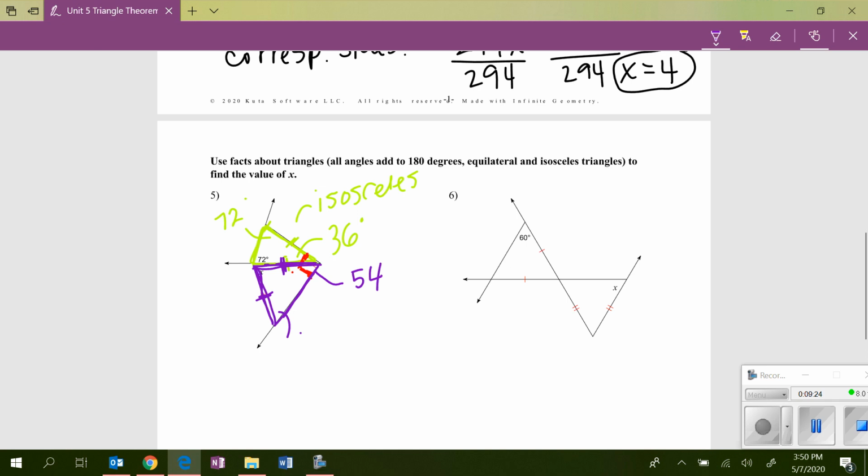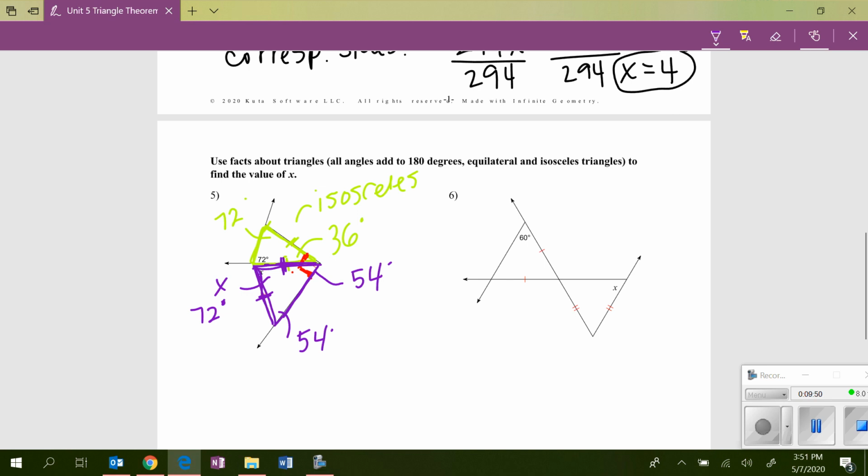So this one is also 54 degrees. Now all that's left to do is solve for x. And that is 180 minus one of my 54 degrees, and then minus my other 54 degrees on the other side. And it's actually 72 degrees.